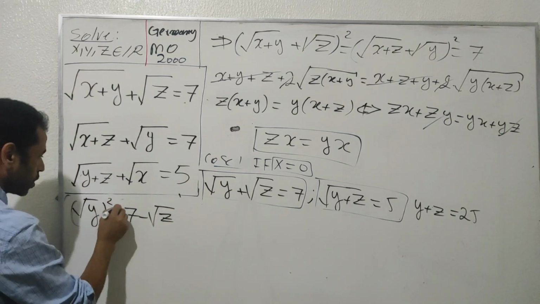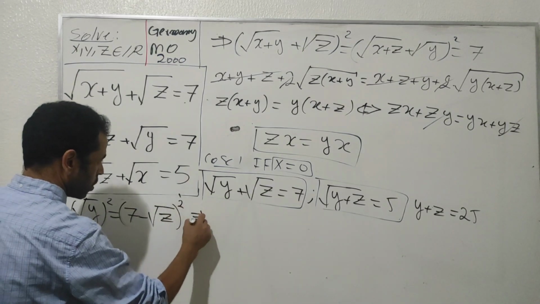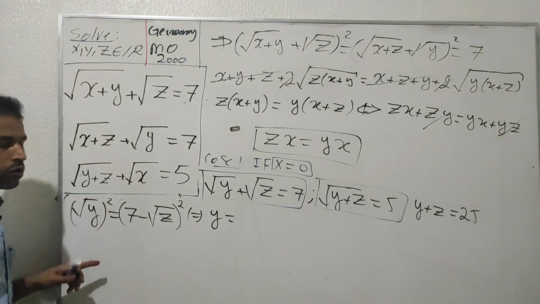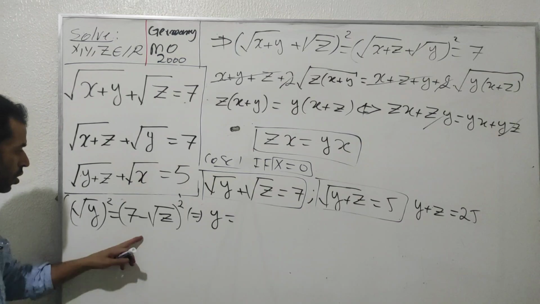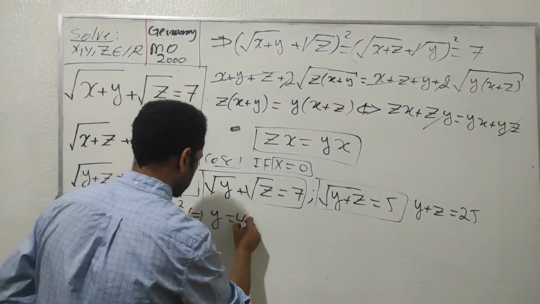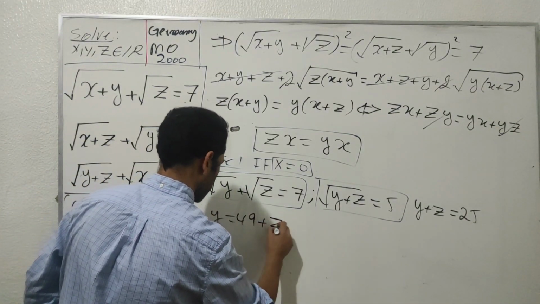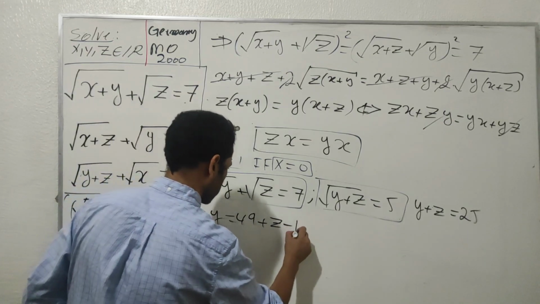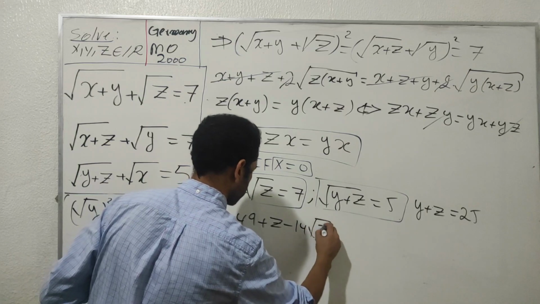Then square both sides. I will have y, because y and the square root cancel each other. The right side gives us 49 as a first term, plus z as a last term, minus 2 times the cross term, which is 14 square root of z.